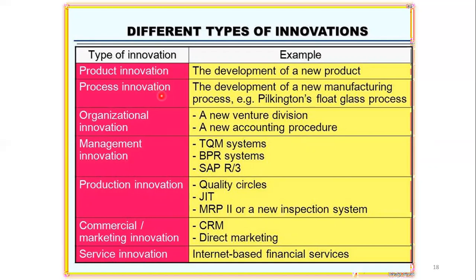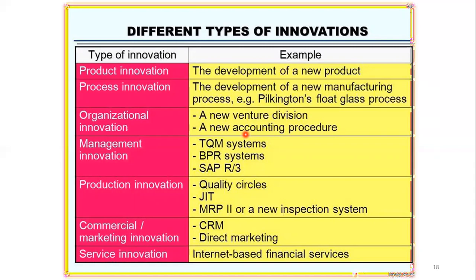Similarly, process innovation is the development of a new manufacturing process, for example, Pilkington's float glass process. Organizational innovation may include a new venture division, or new accounting procedures. These are a few of those that organizational innovation possesses.